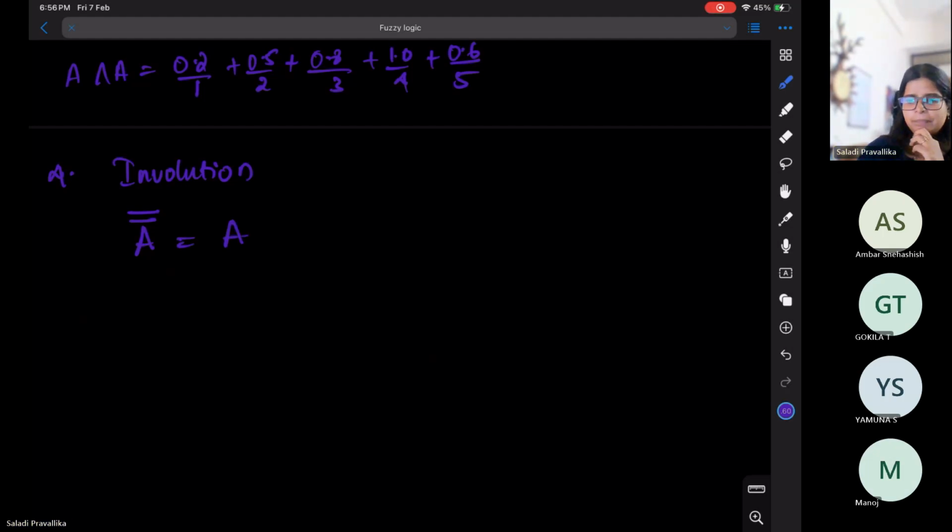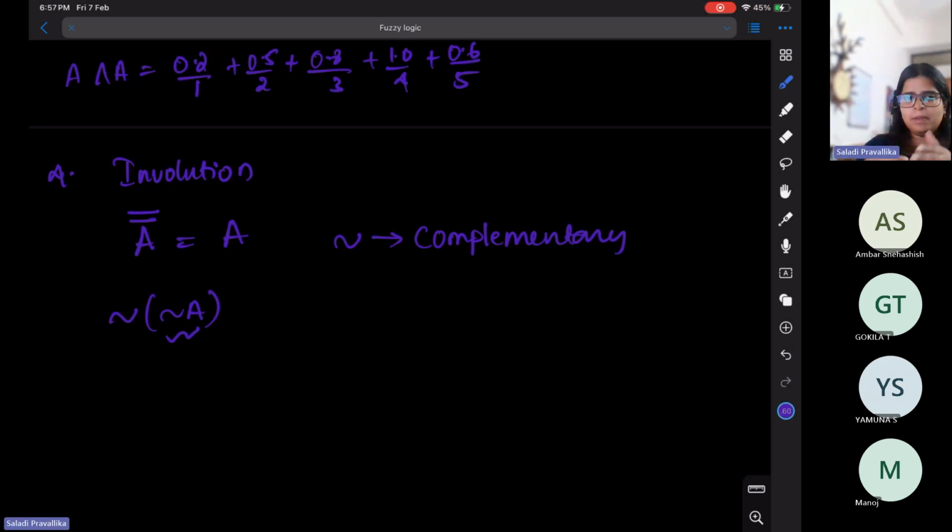Okay. So A bar means complement of A. A double bar means again you take the complement of A bar. So it is basically like this, where this tilde is a complement. Okay. So when you are taking the complement of the complement, it is going to bring back the same value. Okay.